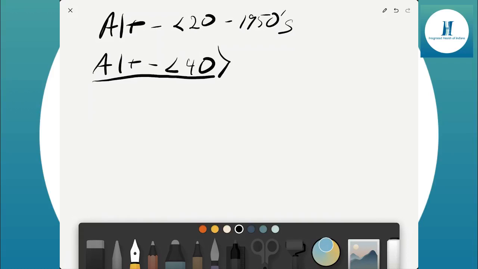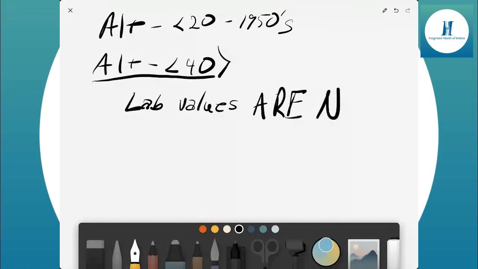And so you have to take laboratory values with a grain of salt. Lab values are not optimal.